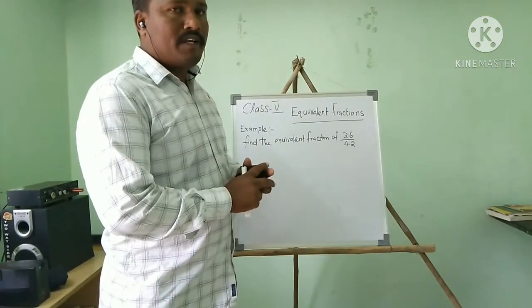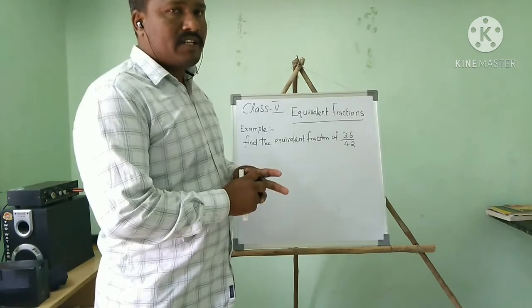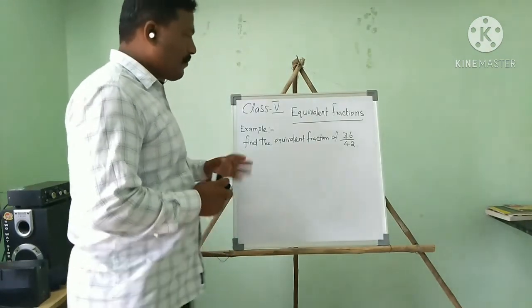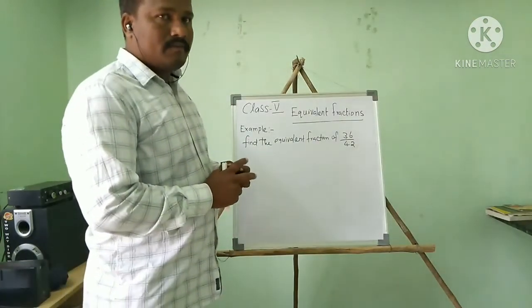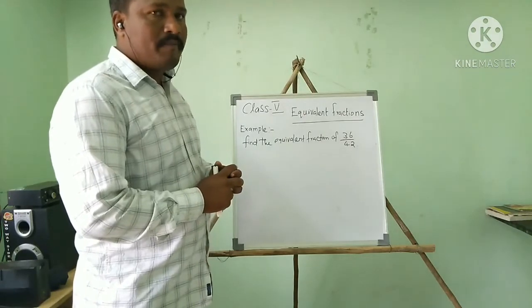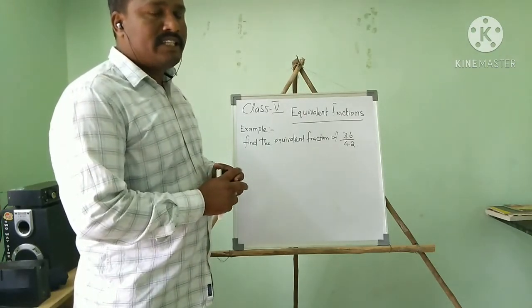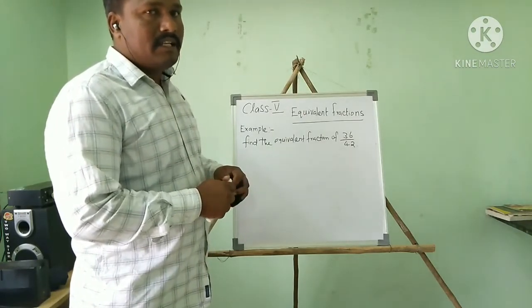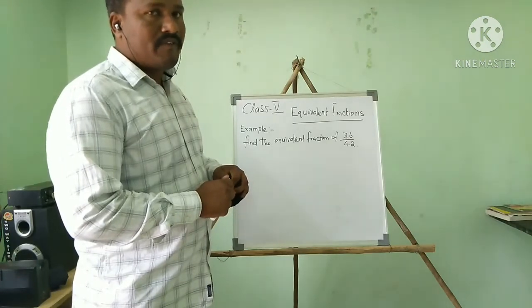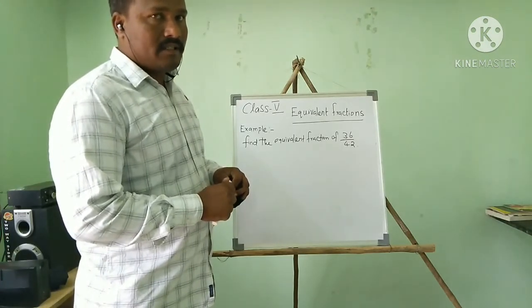Welcome to all. Now we are going to find the equivalent fraction for a given fraction. You know very well, for finding an equivalent fraction, before that we have to find the HCF, highest common factor. Then after that we have to divide the given fraction by that HCF.